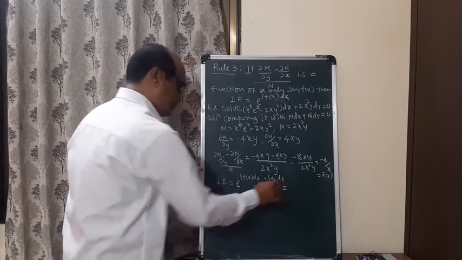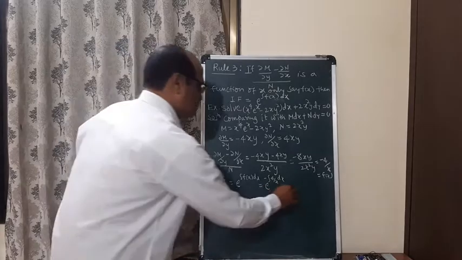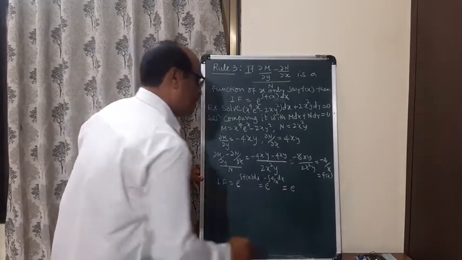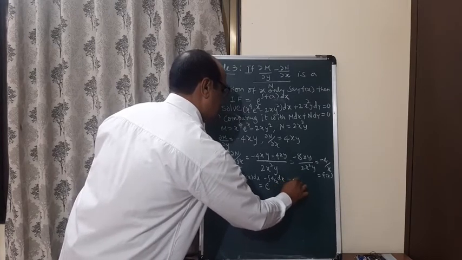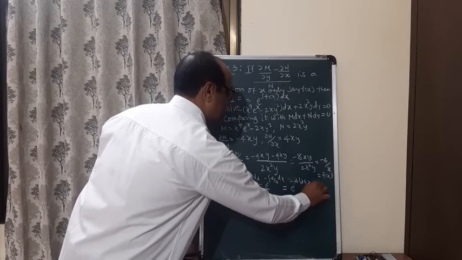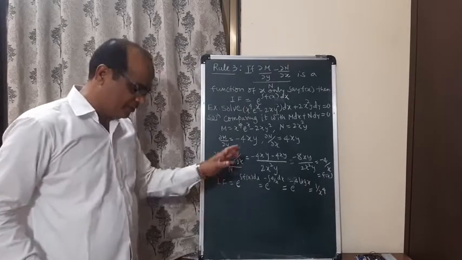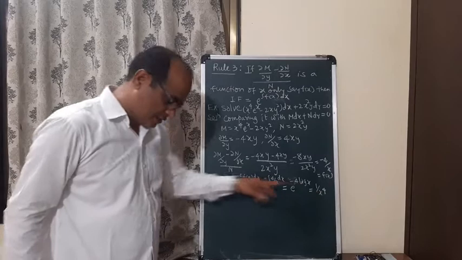So this is equal to e raised to −4 log x. So this is 1 upon x⁴ after simplification. So that is very simple. So this is the integrating factor.